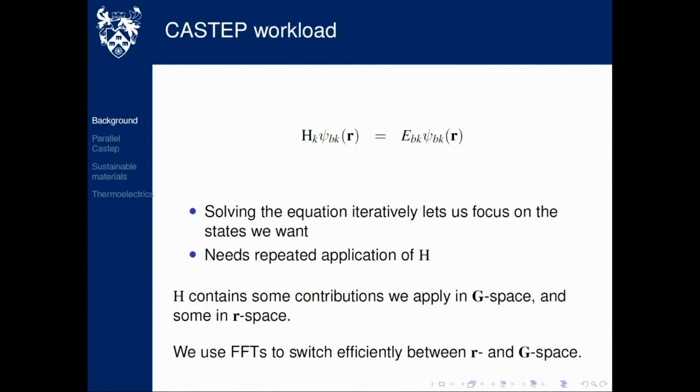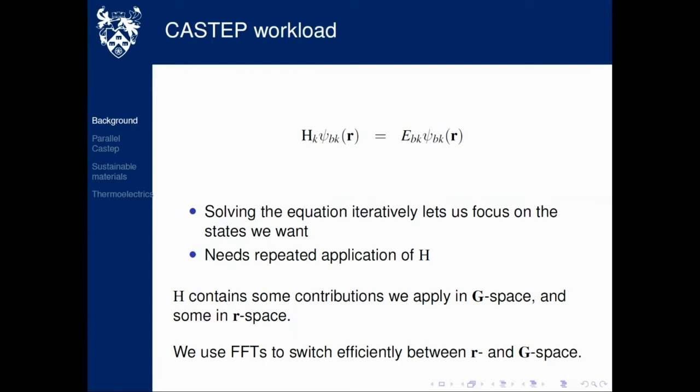So solving the equation iteratively lets us focus on computing these 1% of states that we actually want. But in order to do that, the way that we do it requires applying this matrix repeatedly. And the matrix is made up of several contributions. Some of those contributions are very efficiently applied in the space of the G vectors, in this reciprocal space.